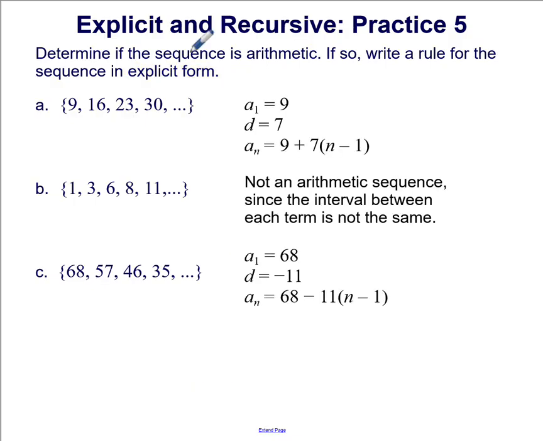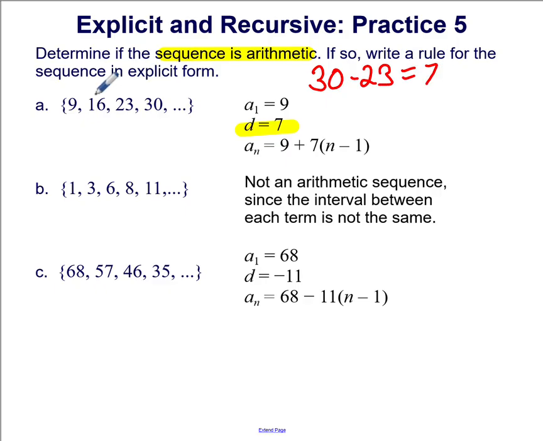To determine if a sequence falls under the category of an arithmetic sequence, there has to be the existence of a common difference, the same number that is the difference between any two terms. And this does exist. If we take any two terms and subtract the previous term, we're going to get the same number. So 30 minus 23 equals 7.